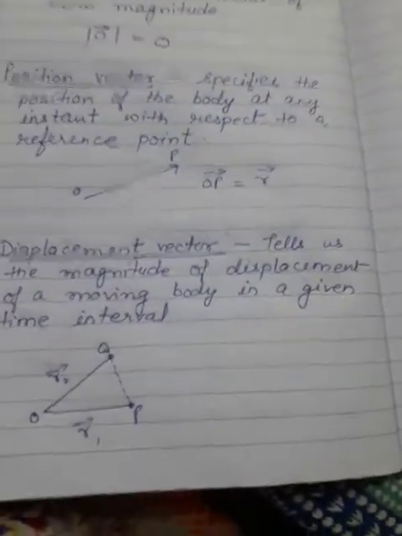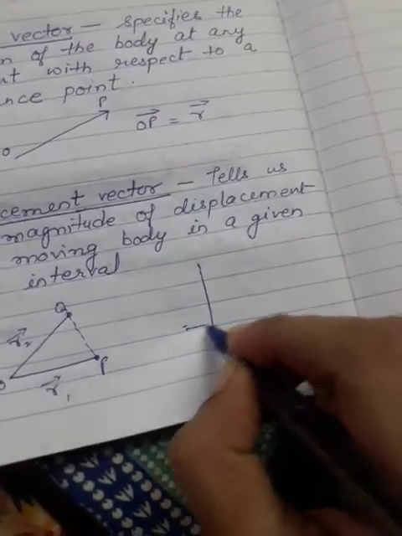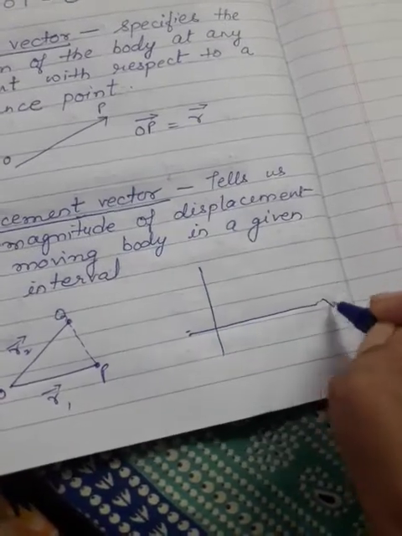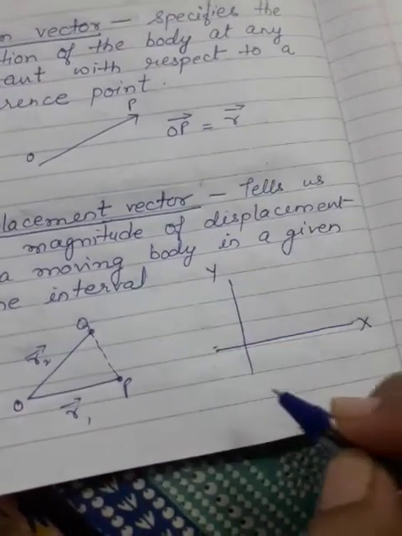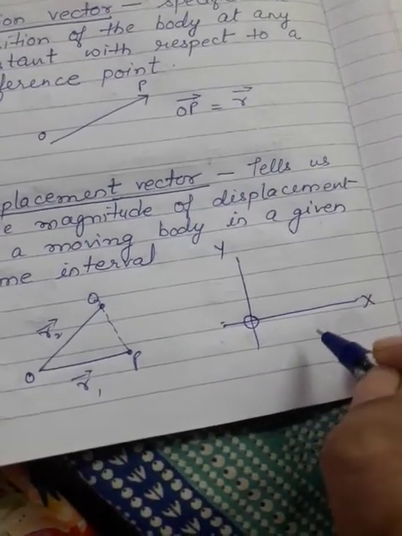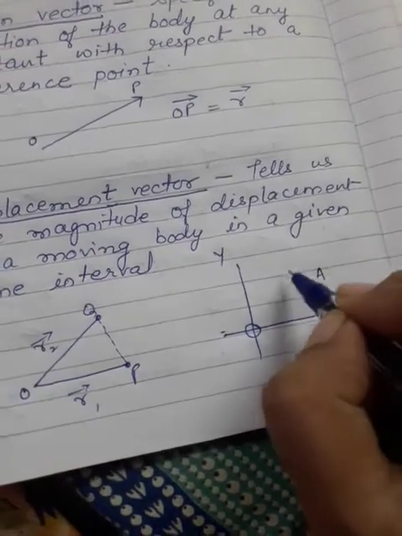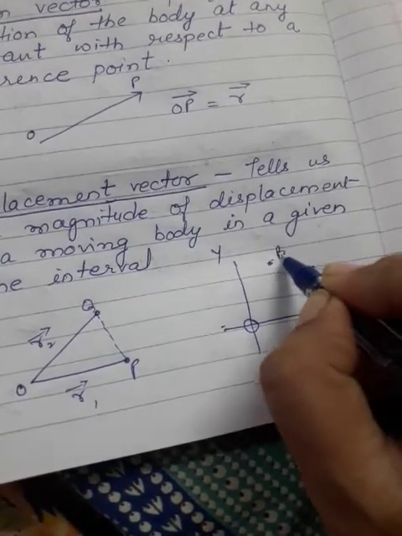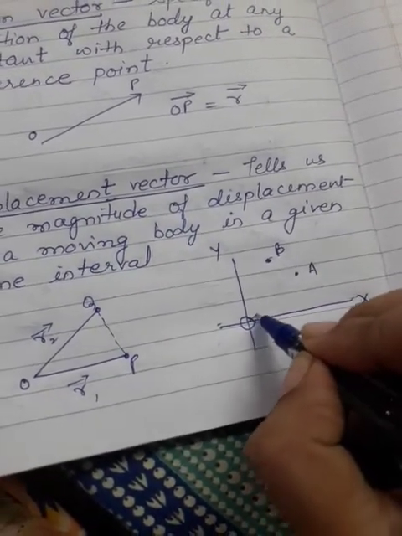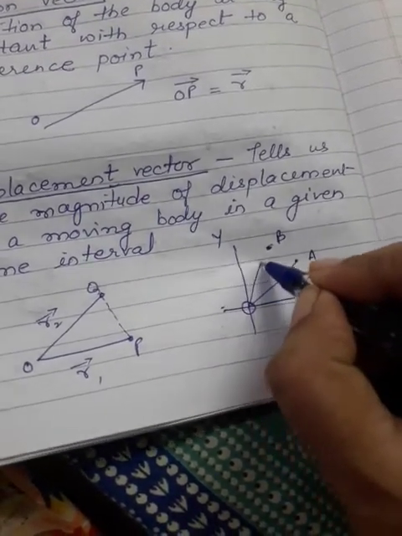Now, you can even understand this with the help of a graph. Suppose these are two axes x and y, and the intersection point is 0. If I have a position A and a second position B, then the position vectors will be OA and OB.